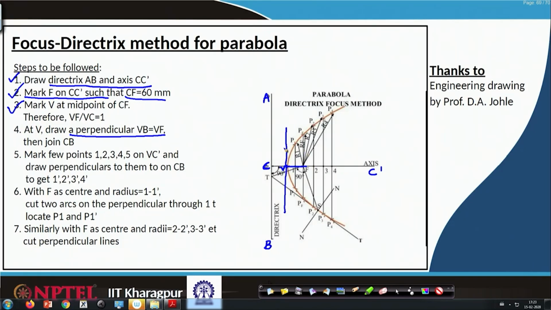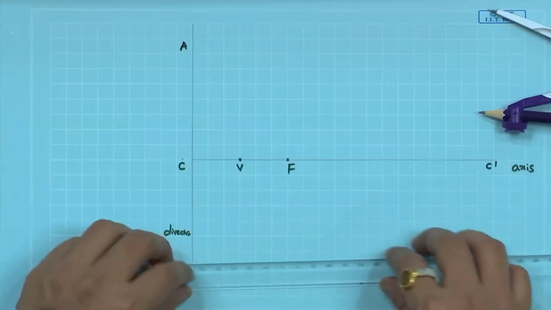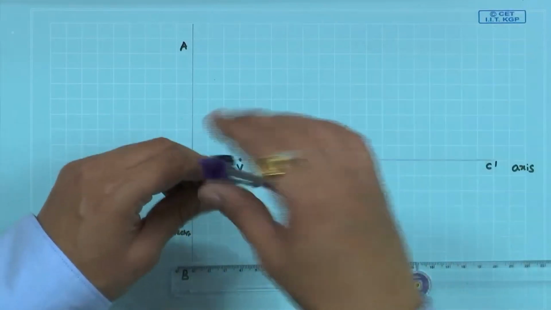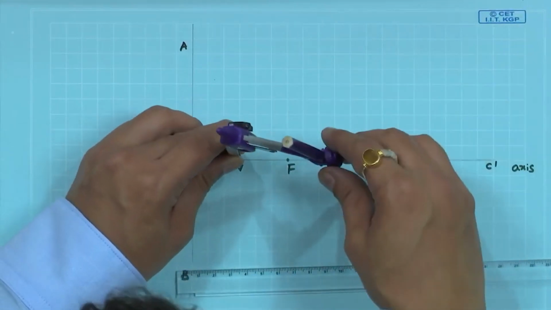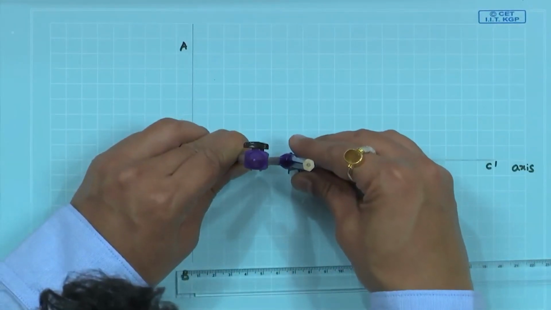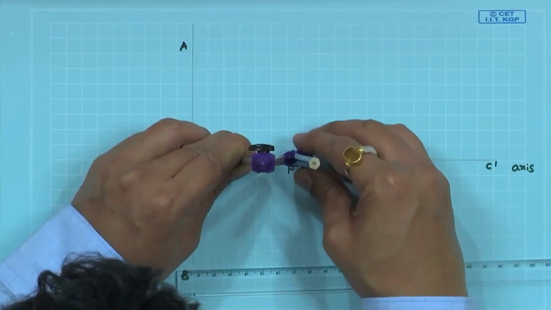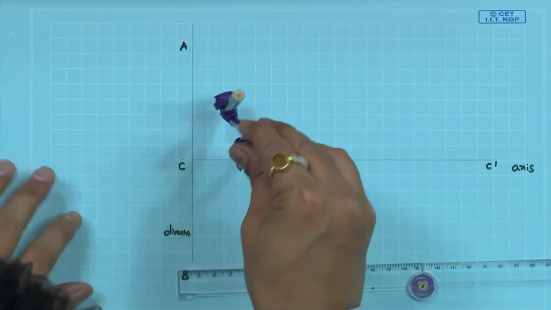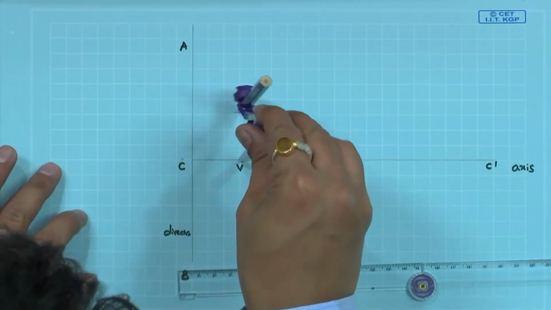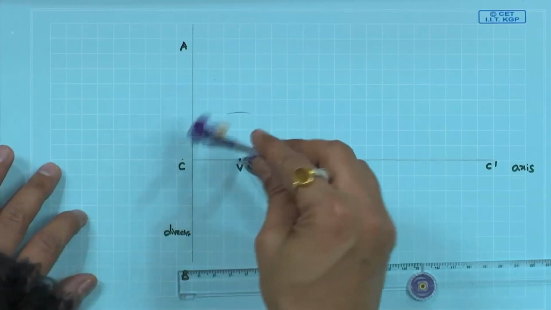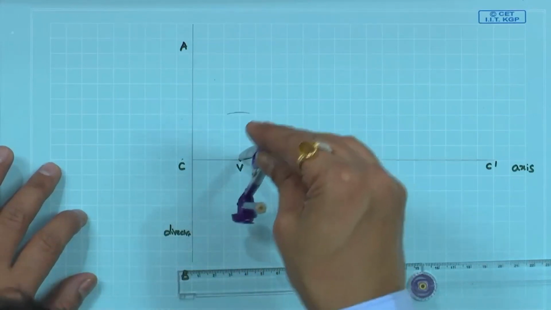Whatever the VF distance, here locate B. That means, now use our compass, whatever VF distance on our graph sheet, we mark it here on both sides.